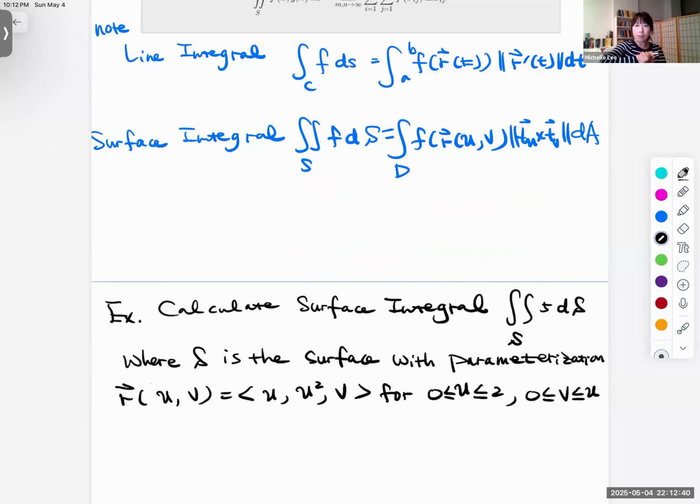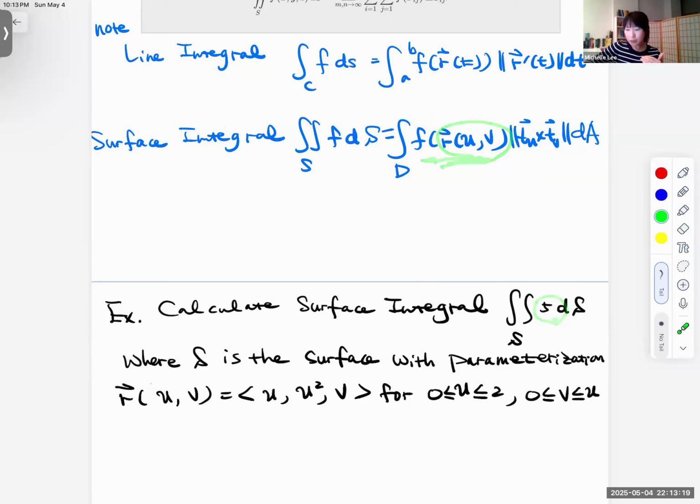So let's do this example. We have a surface integral. Find the surface integral of a constant function with that parameterization, where u is between 0 and 2, and v is between 0 and u. We want to use this formula, but there is no function, meaning we have a constant function 5, so we really don't have to substitute r into the function.